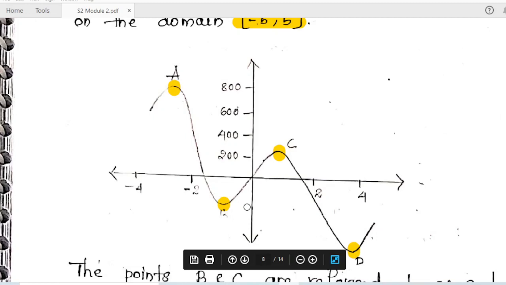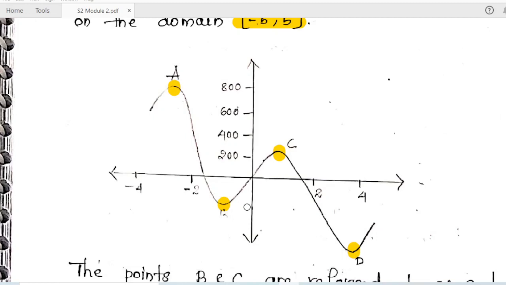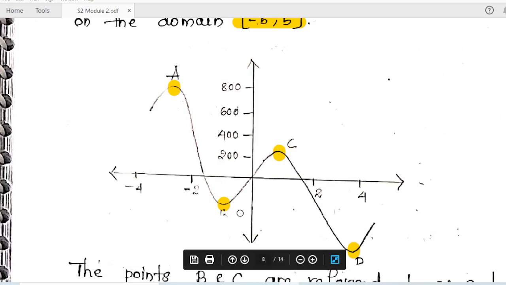So we know what the maxima and the minima are. Maxima is the point of the function at which the function is maximum. Minima is that point at which the function is minimum. Now, what do we mean by local?